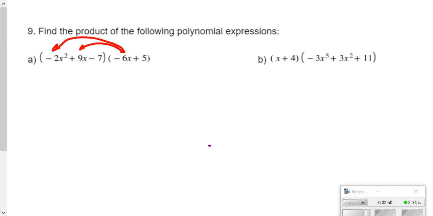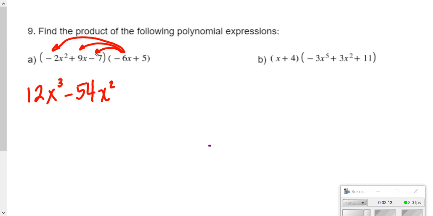So for instance, I would distribute my -6x to all of those things. So -6x times -2x squared is going to make positive 12x to the 3rd. And then the -6x times the positive 9x is negative 54x squared.